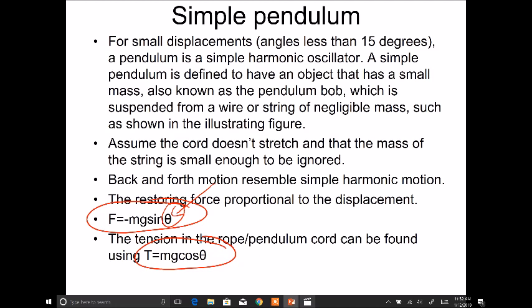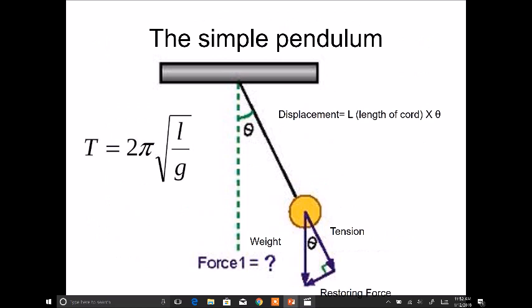So let's go back to our picture. In this picture, we see the vertical in green. This is our angular displacement of theta. If we wanted to find the restoring force, notice we've drawn a little triangle here. We took the weight of the pendulum bob and broke it into two components. One component goes along the string, that's our tension component, and one component acts back toward the equilibrium position.